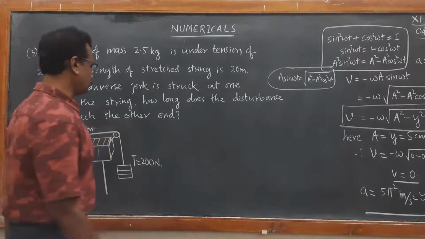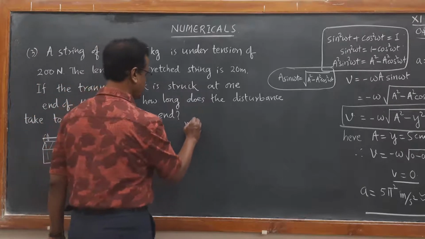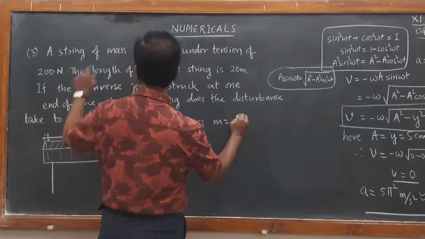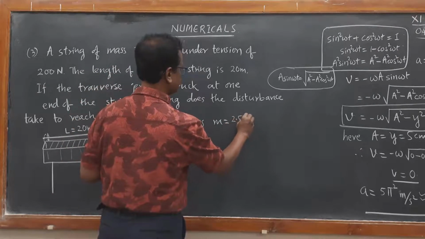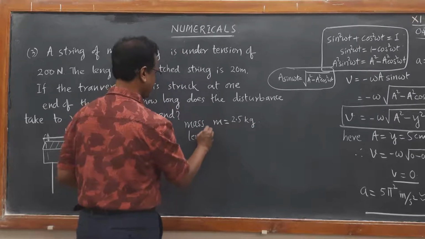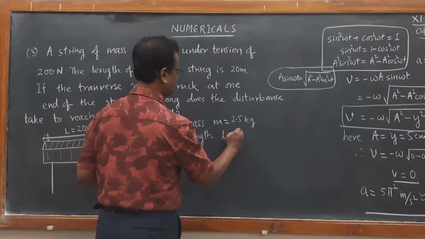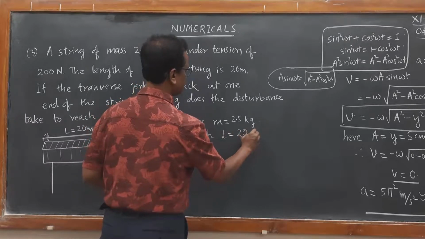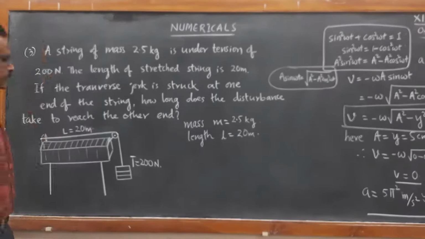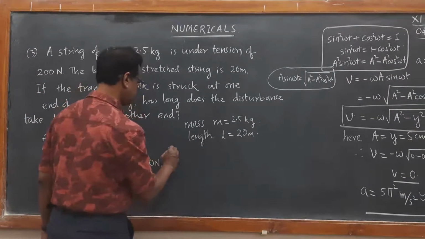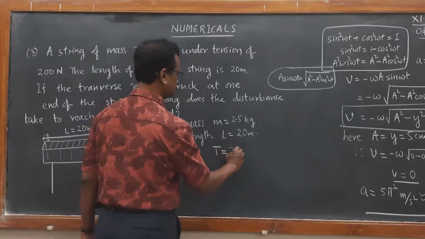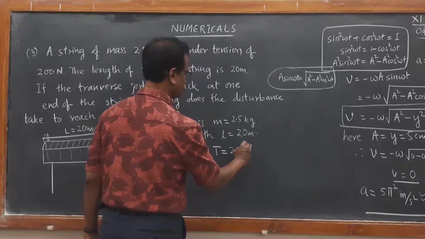Now write down the given things. Mass of the string M is equal to 2.5 kg. Length of the string L is equal to 20 meter. Next, tension in the string T is equal to 200 Newton.